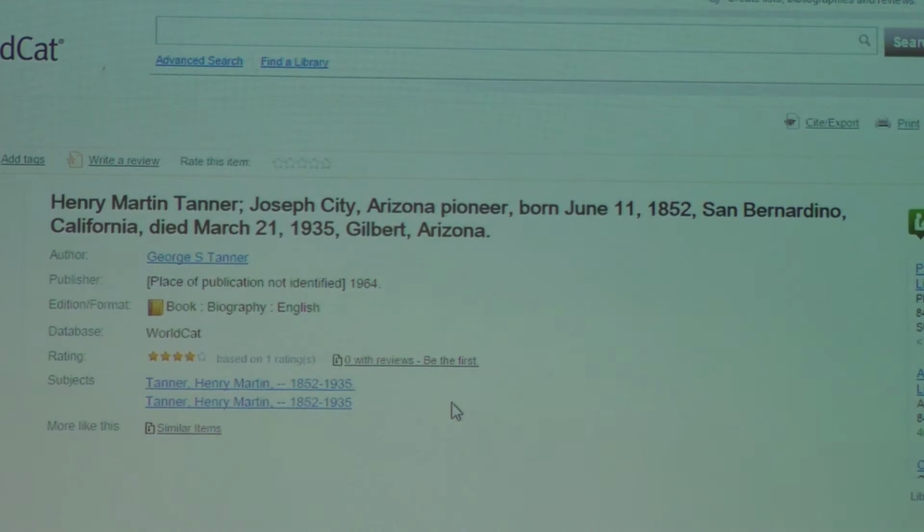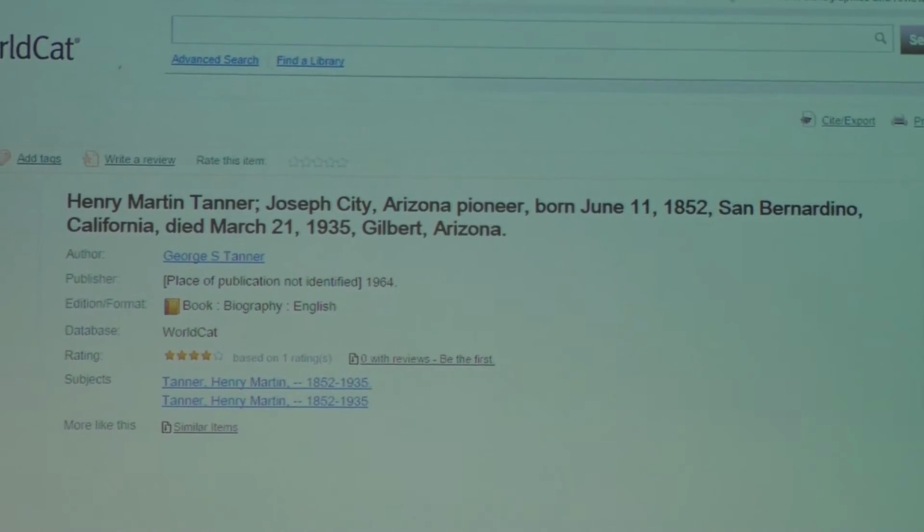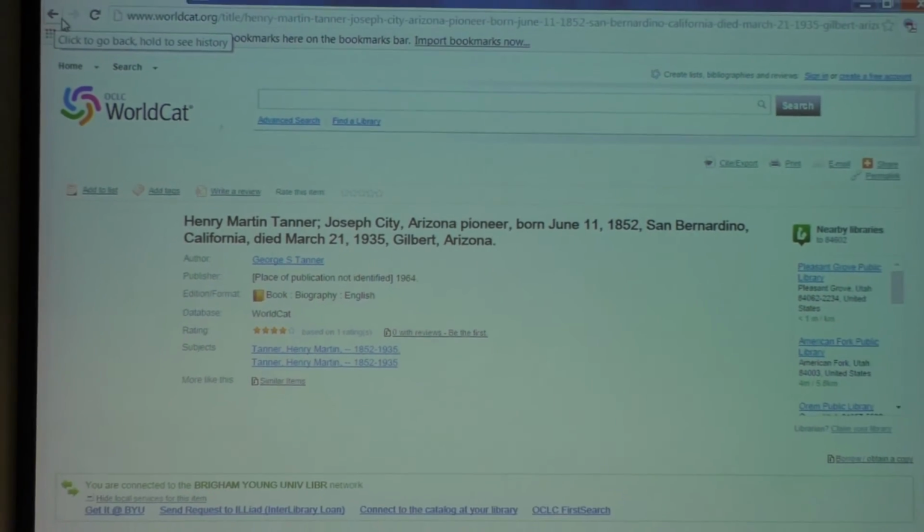You'll recall back here that Google said that there was no ebook. There was no electronic book for this. Well, that isn't necessarily true.